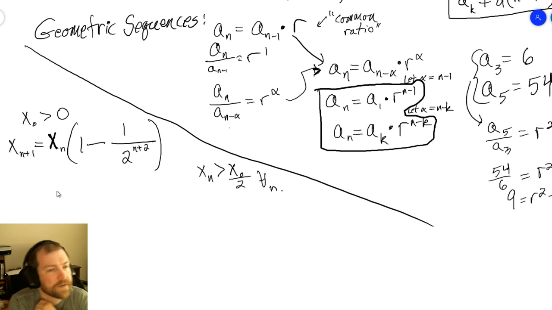All right, induction, huh? Well, it's always possible. So x sub 2. I guess we're showing it for n equals 0 first.